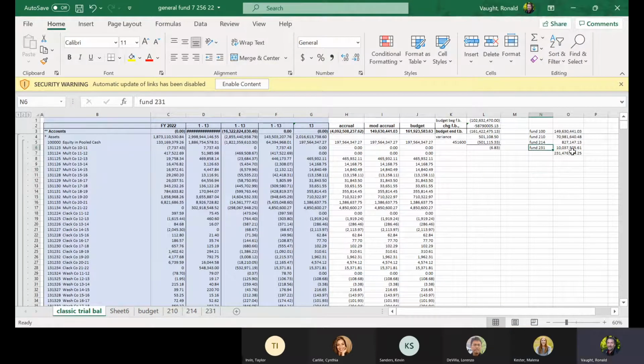Well, have you got all these funds mapped to general fund for GAAP basis? Yes. Fund 100, 210, 214, and 231. Yes, we do. They're all matching. Okay.